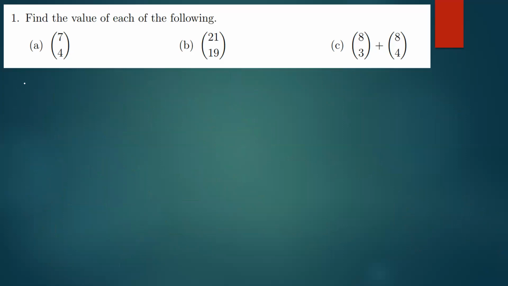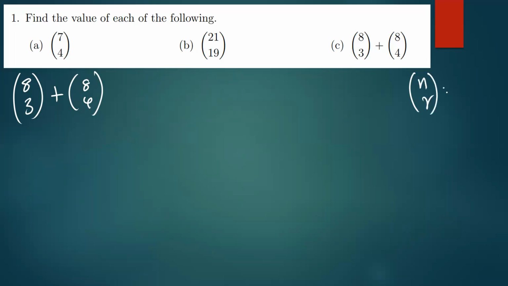So part C is 8 choose 3, plus 8 choose 4. So how do we add such combinations with the same value of n? So let's first use this formula. n choose r is equal to n factorial over r factorial, open brackets, n minus r factorial.